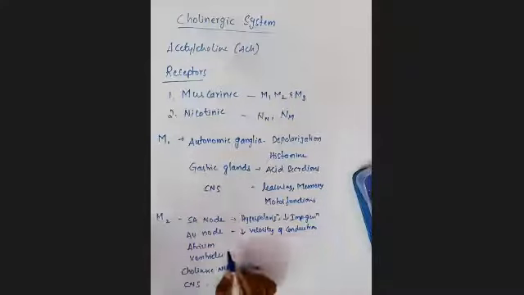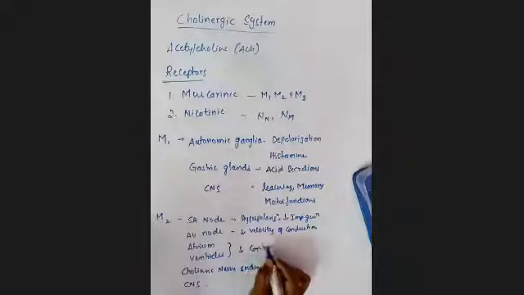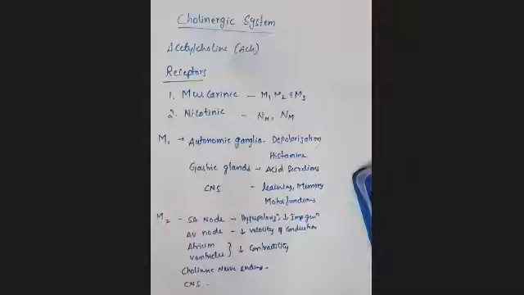In the atria and ventricles, it decreases the contractility. Clear? In the cholinergic nerve endings, it decreases acetylcholine release, and in the CNS, it causes tremors and analgesia.